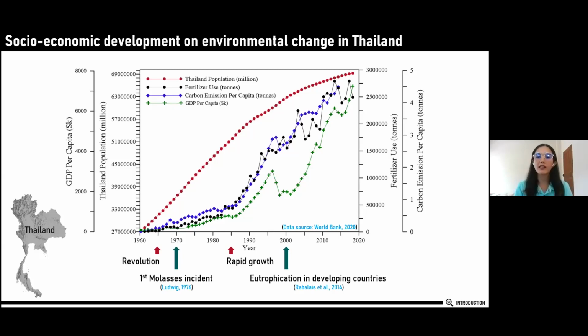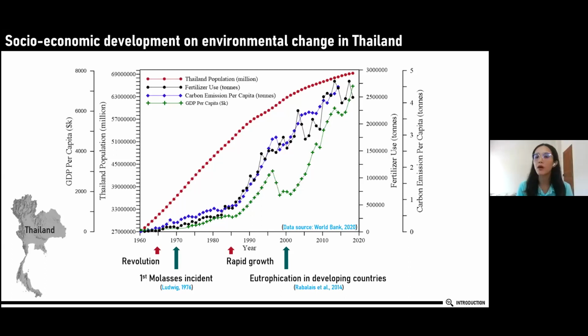The first recorded pollution hazard in Thailand occurred in the 1970s, namely the molasses incident, caused by a spill of molasses released into the Maeklong River. This resulted in fish being eliminated in the river and in the cockles covering several thousand acres in the upper Gulf of Thailand.